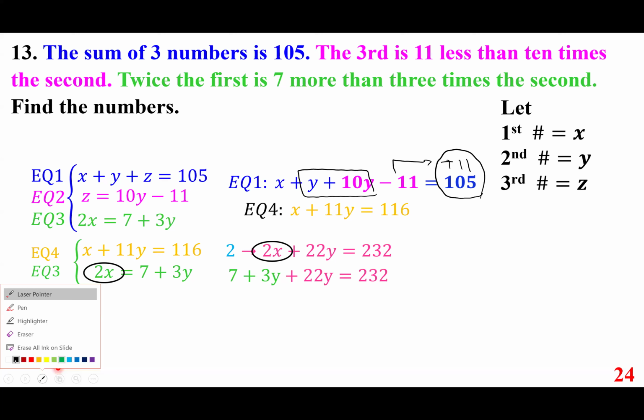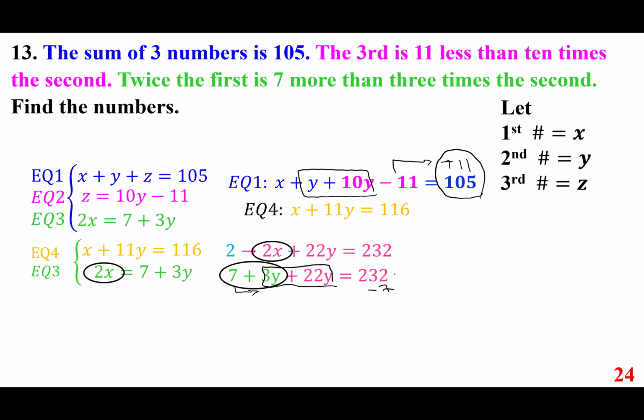I can add these two to get 25y, move the 7, subtract it from 232 to get 225. Divide by 25 to get y equals 9.